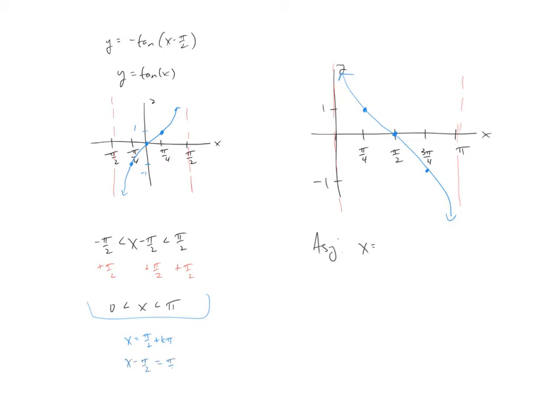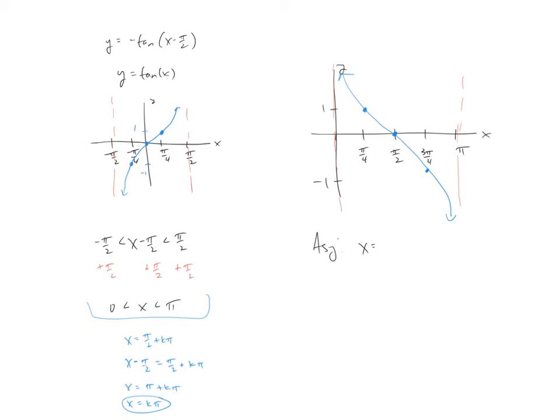And if we go ahead and put this together, if I add pi over 2 to both sides, well, now the pi plus k pi gives us just a k pi. These are going to be our new asymptotes. So again, what I did here is I took the old asymptotes and I replaced the x with the new angle from right here.